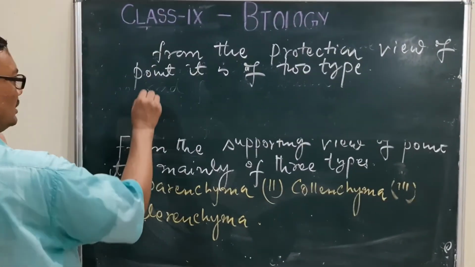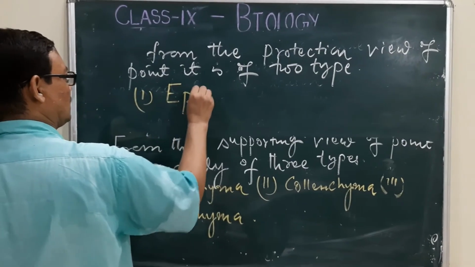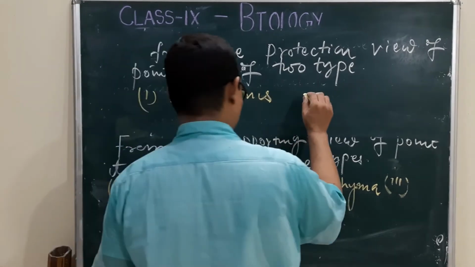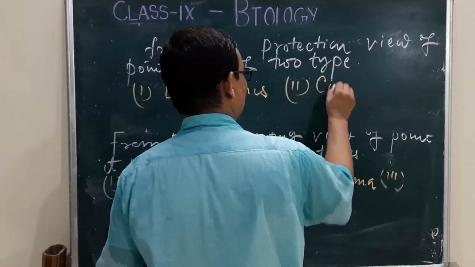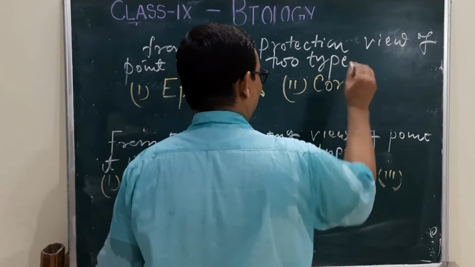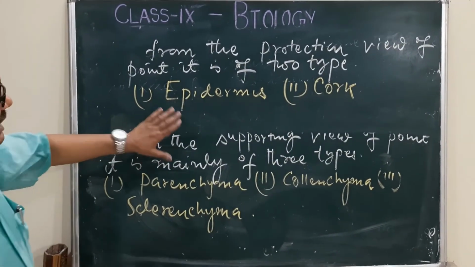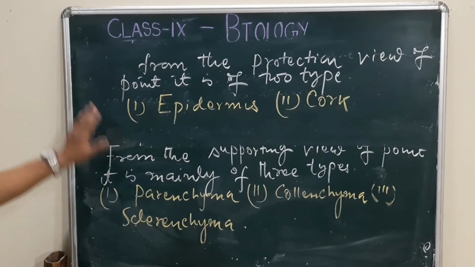Number 1, epidermis, and number 2, cork. So, this is the further classification of simple permanent tissue.